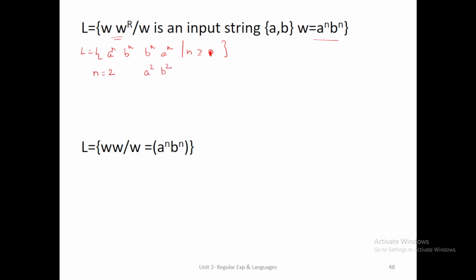So a squared b squared b squared a squared, which is double a, double b, double b, double a. Here it is considered as Z. Then you list out the remaining values. Here W is considered as a power n b power n. So in the language, 2 W is there. So a power n, b power n, again a power n, b power n. This is the value. Okay. You try by yourself. Thank you.